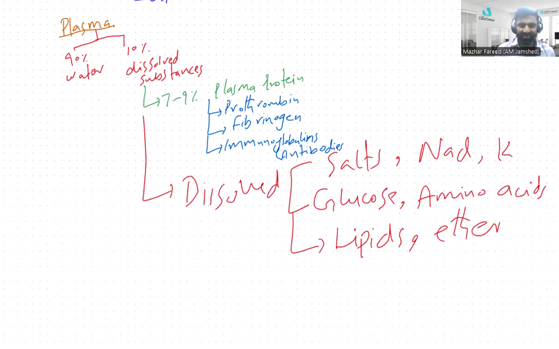There is also cholesterol. Cholesterol is a precursor of steroid hormones.